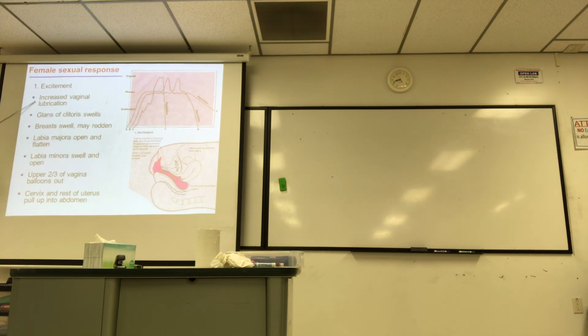So in excitement, there's increased lubrication. Now, we kind of understand that. The anatomy that I taught for that is the vestibular, fill in the blank, bulb, okay? That's erectile tissue. In males, it's the bulb of the penis. In females, it's the vestibular bulb. But that's not a gland. But what does that bulb compress?